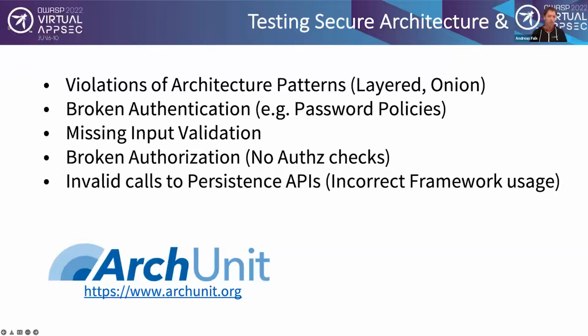So no calls from the persistence layer to the UI layer, for example. Then you can also test for other aspects, like security relevant aspects. You can check if your password policies are correctly implemented, if you have input validation in place, and also for broken authorization, and also important, for invalid calls to persistence APIs. So that is also quite helpful to avoid SQL injections. I will show that in a demo in just a few minutes.